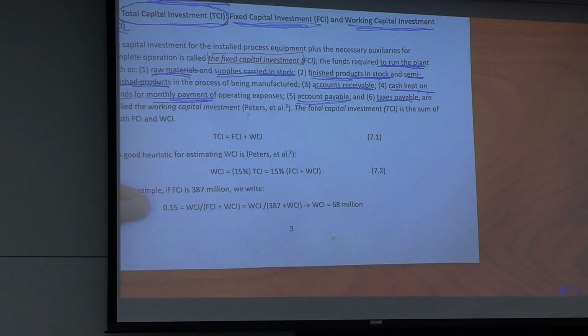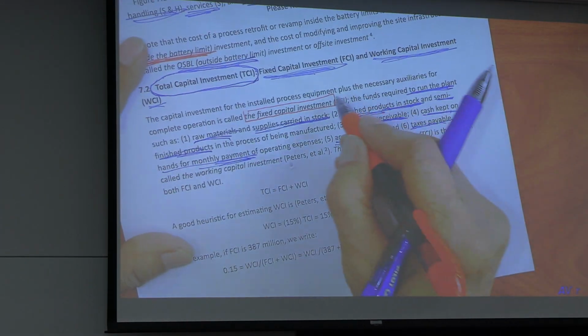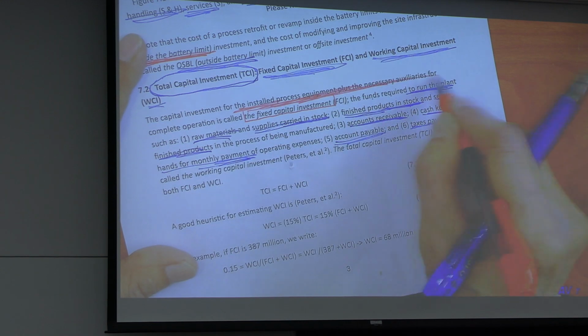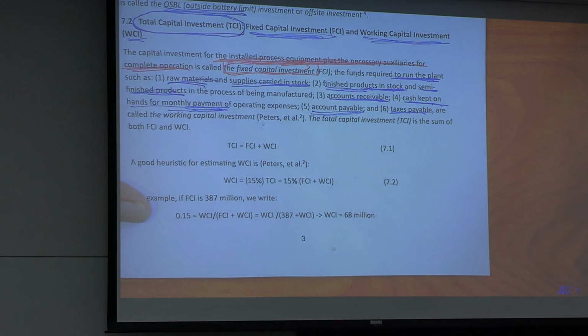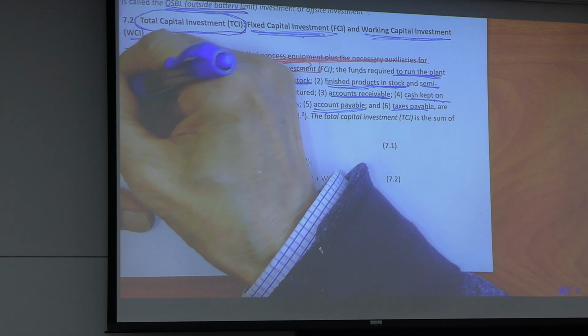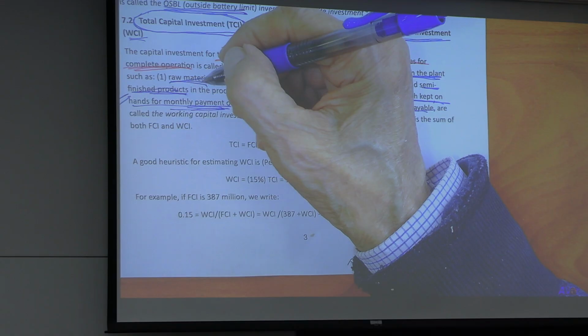So now, let's look at it. You have installed process equipment, auxiliary, that is FCI. WCI, in short, is like you open up a small business. You want to shut down in 5 years.